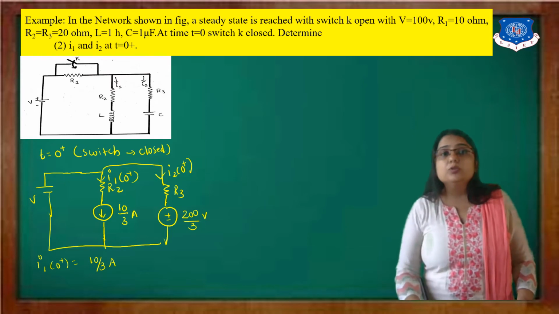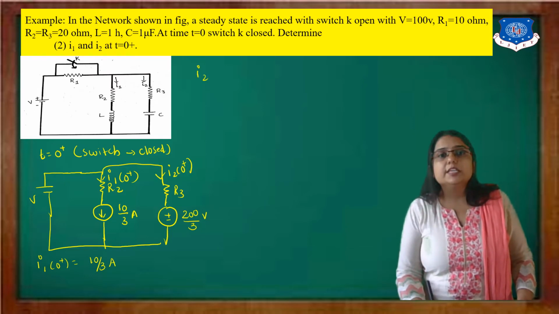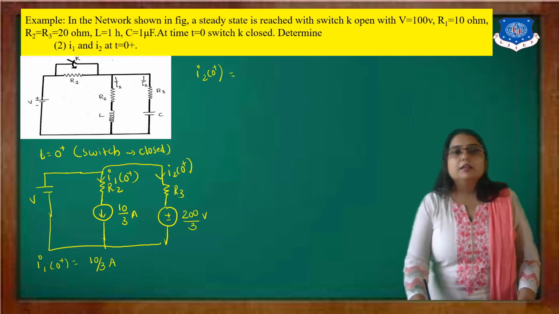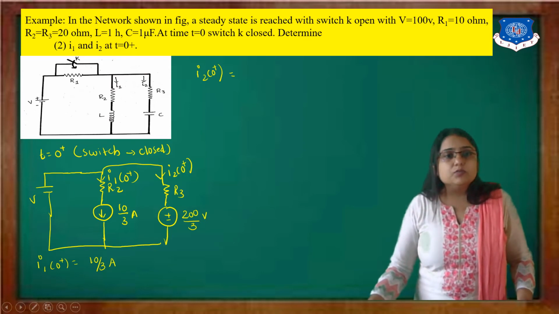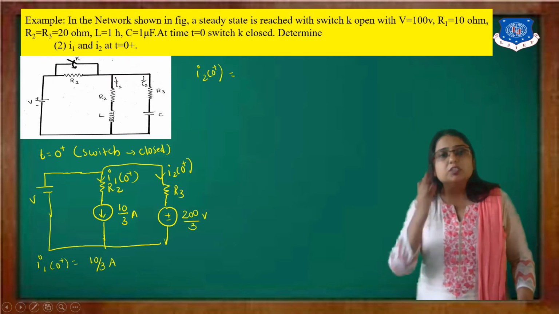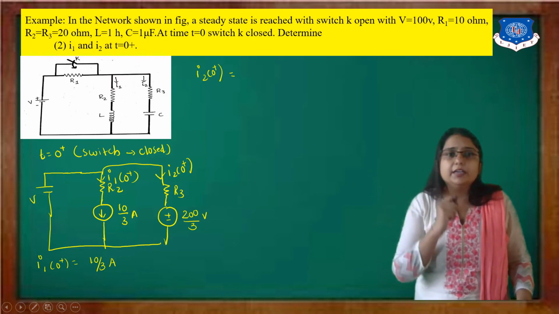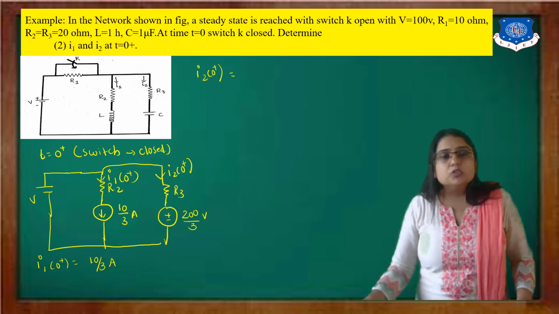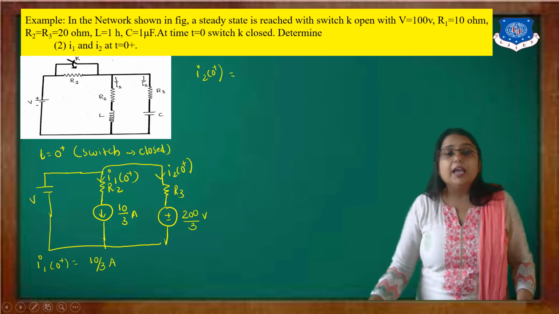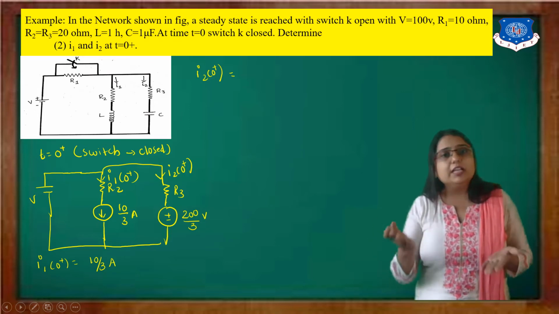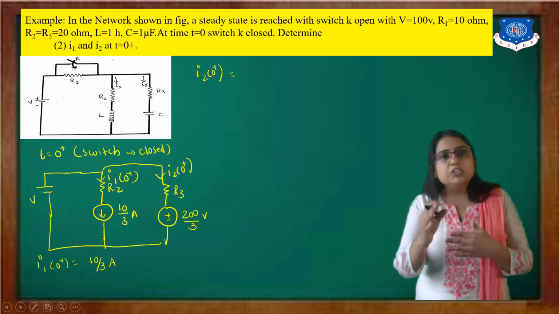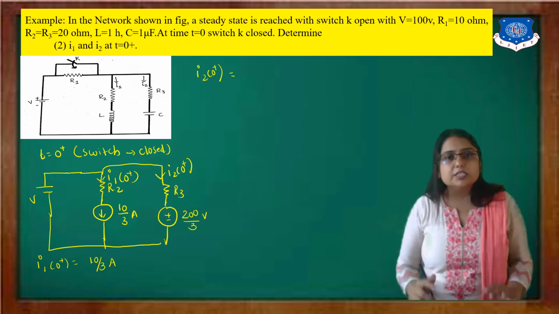But for I2 at 0 plus, see, these three different branches are connected in parallel. In this resistor R3, one end is connected with V and the other end is connected with this voltage. And we know that current is potential difference divided by resistance.